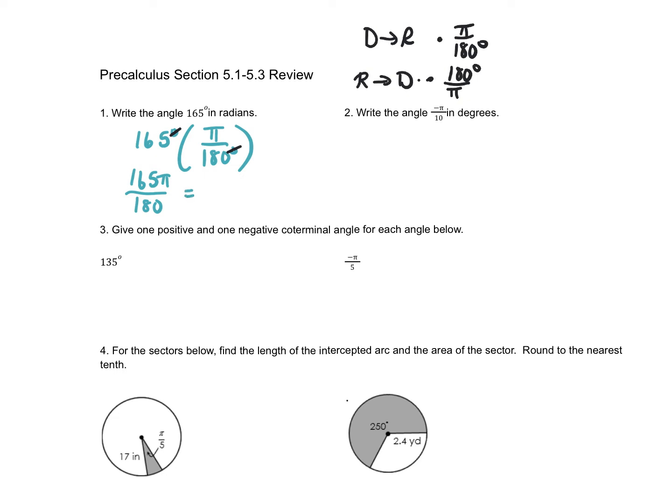From there, I just need to simplify my fraction. I can divide 165 and 180 by 5 for sure. That gives me 33 pi over 36. Now these both divide by 3 again, so I get 11 pi over 12.